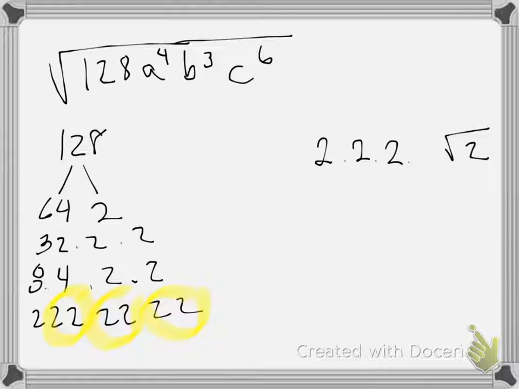Now, my A's. I have 4 A's. Now I need sets of 2, correct? So I have 2 sets, so I have A squared outside, correct? How about the B's? I have B, B, and B. Again, I need a set of 2 because it's square root.